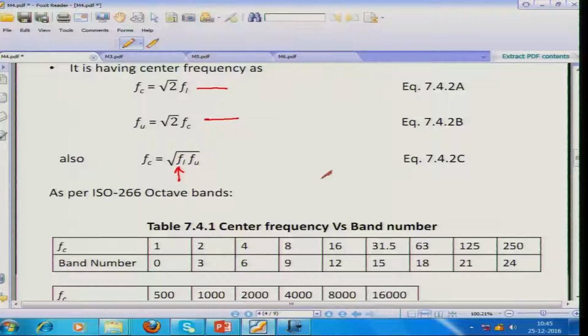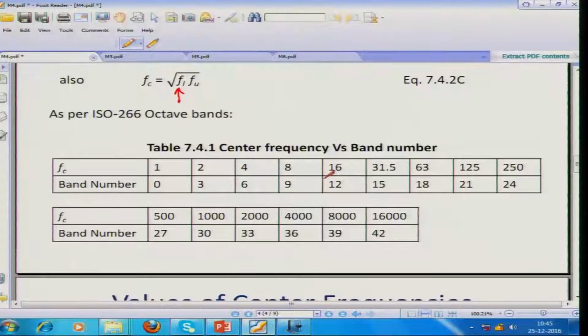And as per ISO standard, these are the different octave bands starting from 1 hertz going up to 16,000 hertz. These are the industry standard octave bands. So, central frequency 1, central frequency 2 and so on, up to 16,000 hertz.